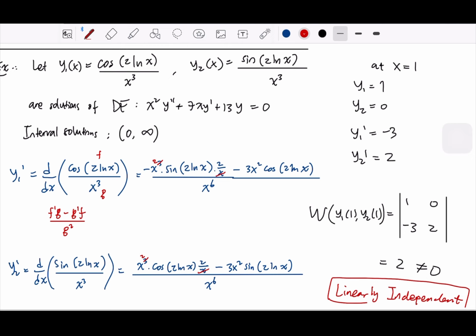Maybe we need to find the interval to make the conclusion dependent or independent. If you want to make it dependent, you need to make the determinant 0, and you need to find x from there. You can find it as well, but it's way more complicated because you need at least some trial and error for some x.